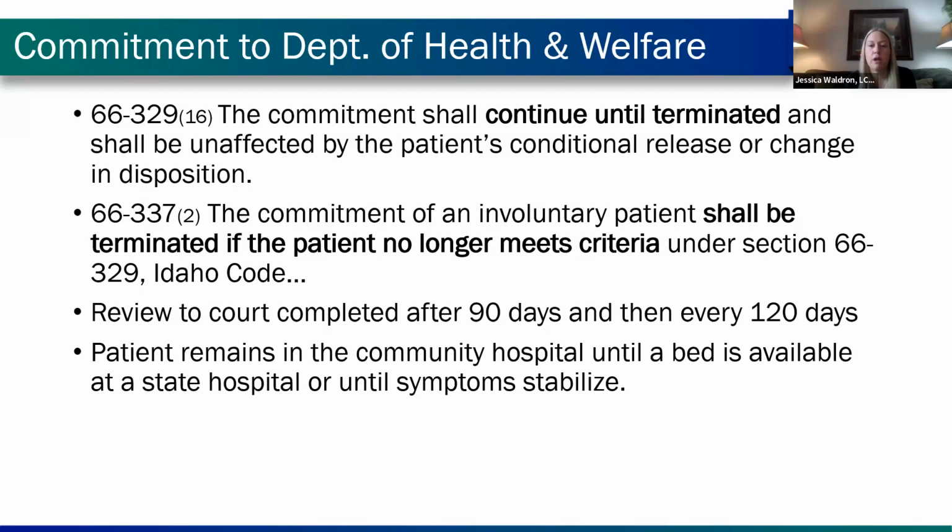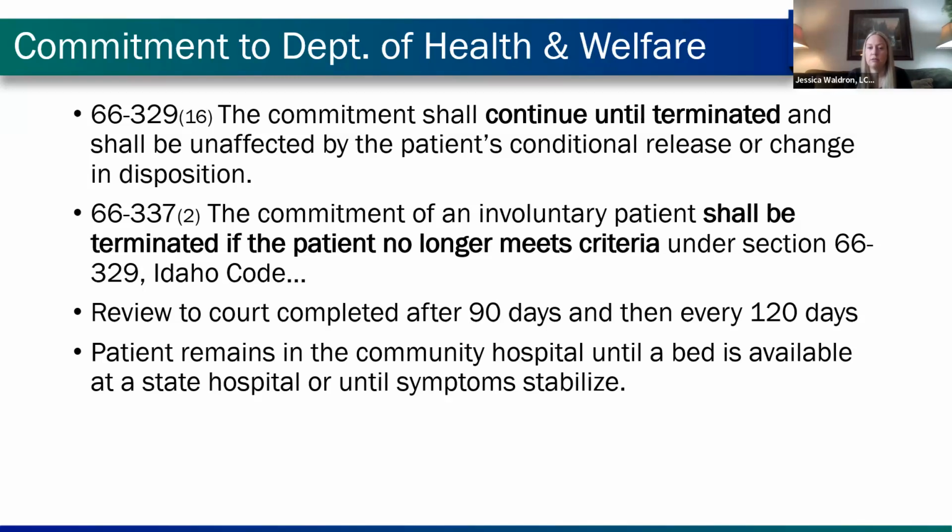Generally, when a person is committed, they stay at that community hospital that they are currently at until a bed at a state hospital is open. The state hospitals always have wait lists, so if the person looks like it's going to be a little bit of a longer term hospitalization, then they get put on that wait list for the state hospital.